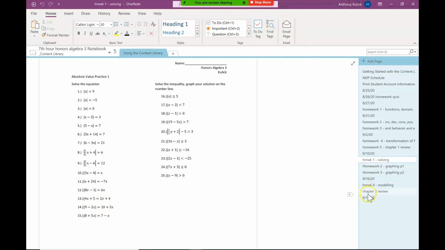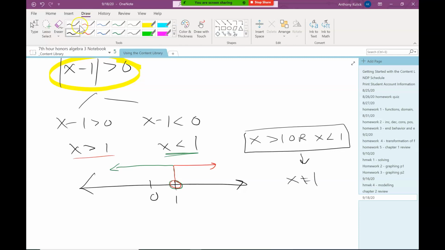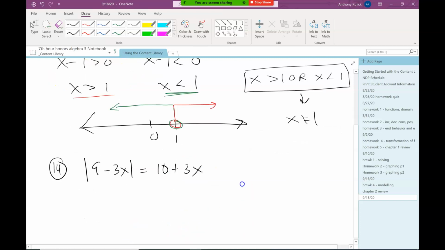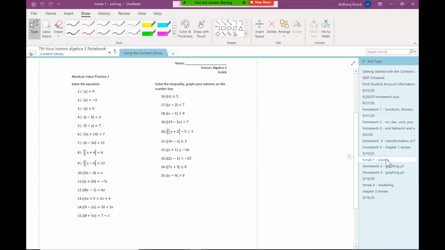Okay. 9 minus 2x equals 10 plus 3x. That's it, right? Did I copy that down correctly? Which 3x? The first one. Thank you. Now we're good. Double check real quick. Not that I don't trust you, but I don't trust myself. Okay.